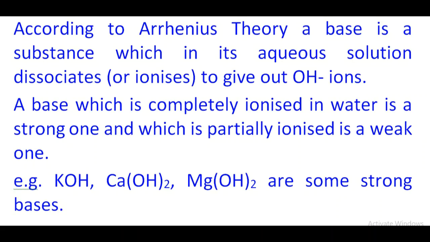Potassium hydroxide, calcium hydroxide, magnesium hydroxide are some strong bases. The bases which are soluble in water are usually very strong bases, and water soluble bases have a special name. We call them alkali, but we will talk about it later on.